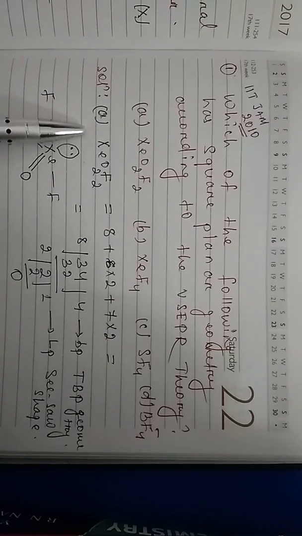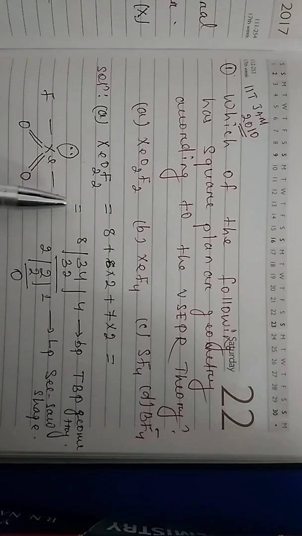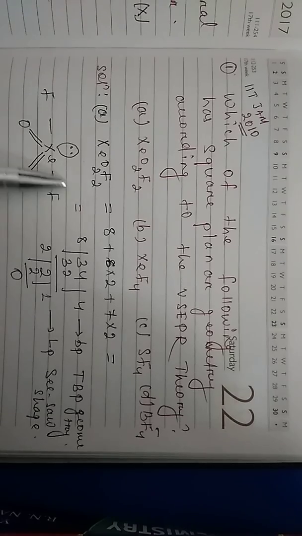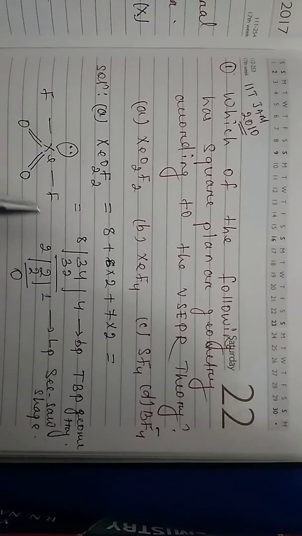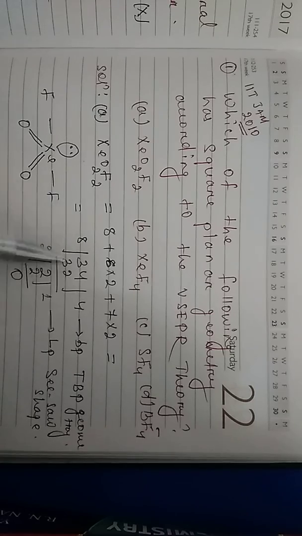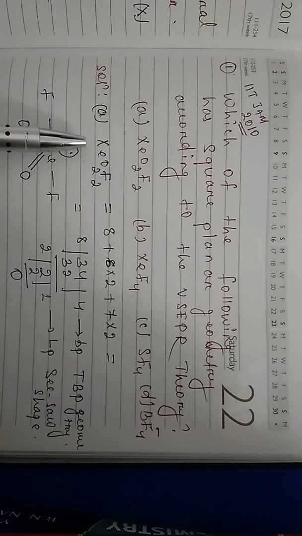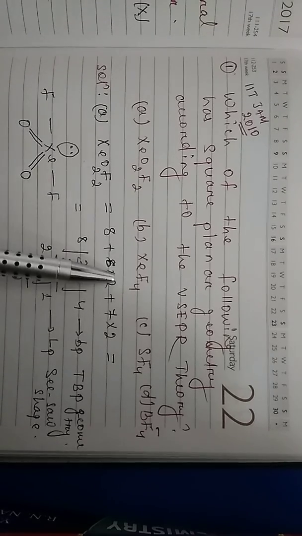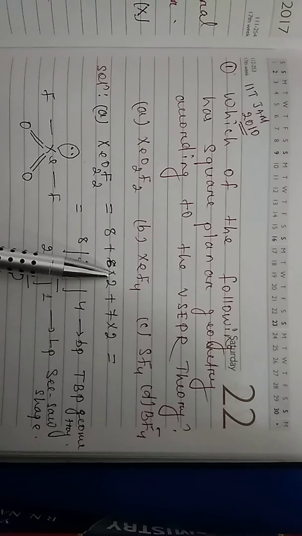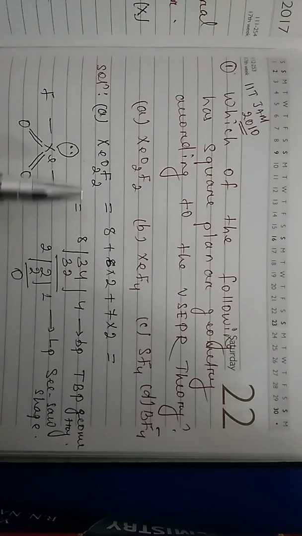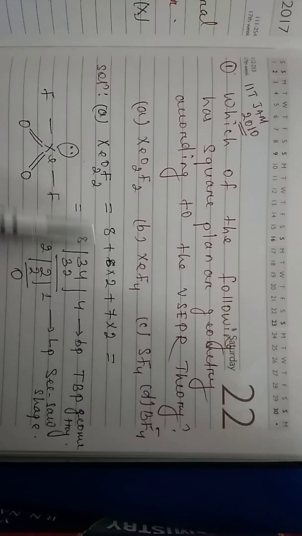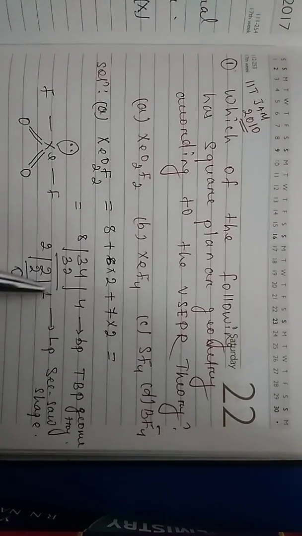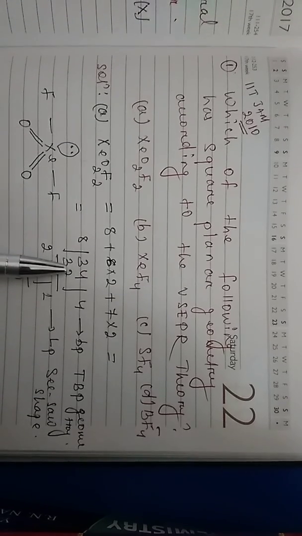The first option is XeO2F2. The atoms are xenon, oxygen and fluorine, so we have to calculate the valence electrons of all of them. Xenon has 8 valence electrons, oxygen has 6 and there are two oxygen atoms, so 2 into 6, and fluorine has 7 valence electrons with 2 fluorine atoms, so 7 into 2. The total valence electron count is 34.